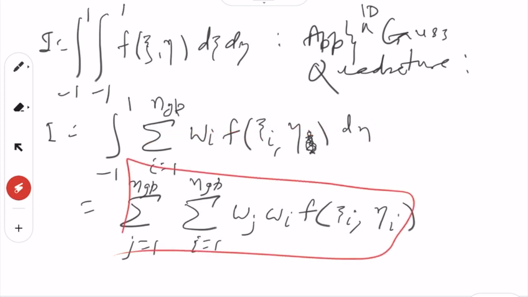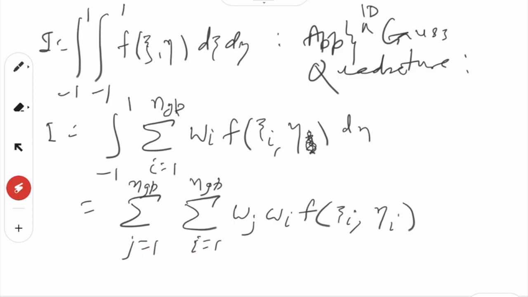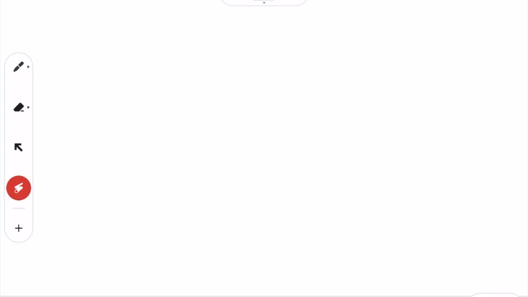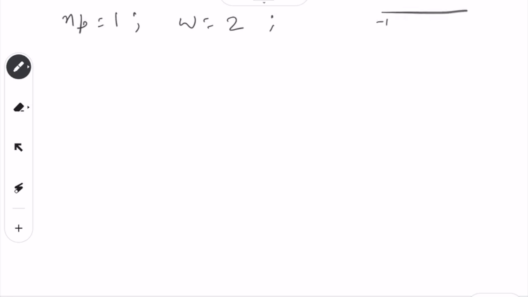Basically, in 1D, if it is 1 point, if np equal to 1, then we know that w equal to 2, and we have xi 1, over the range minus 1 to 1.